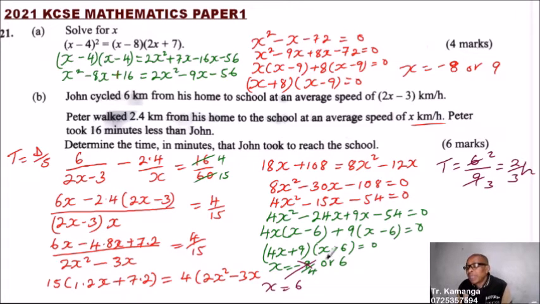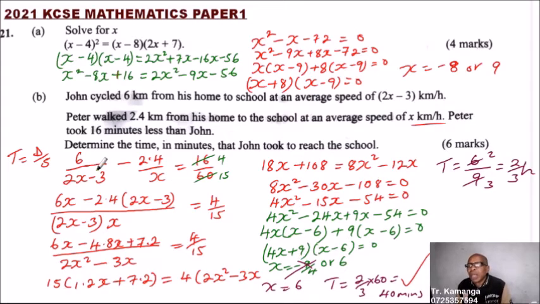And we are told to present our answer in terms of minutes. So time is equal to 2/3 of an hour. That should give us 40 minutes. So it means that the time taken by John to reach the school is equal to 40 minutes.